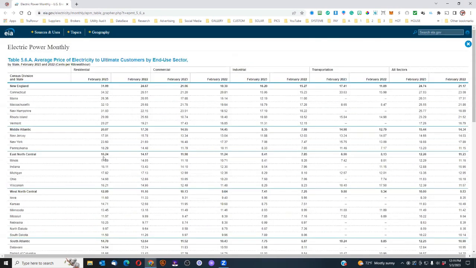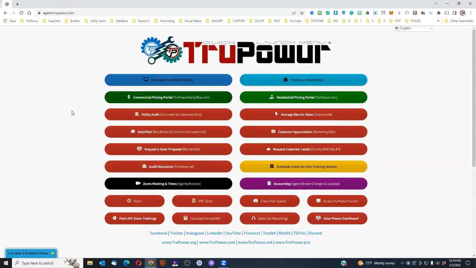So you may need to reference that from time to time in order to really be able to facilitate a good, reasonable quote for that customer. So if the customer doesn't know, this is a good place to reference. So their rate may obviously be slightly different, higher or lower. This is an average to give you a good idea as to what people are paying across different markets in different states.